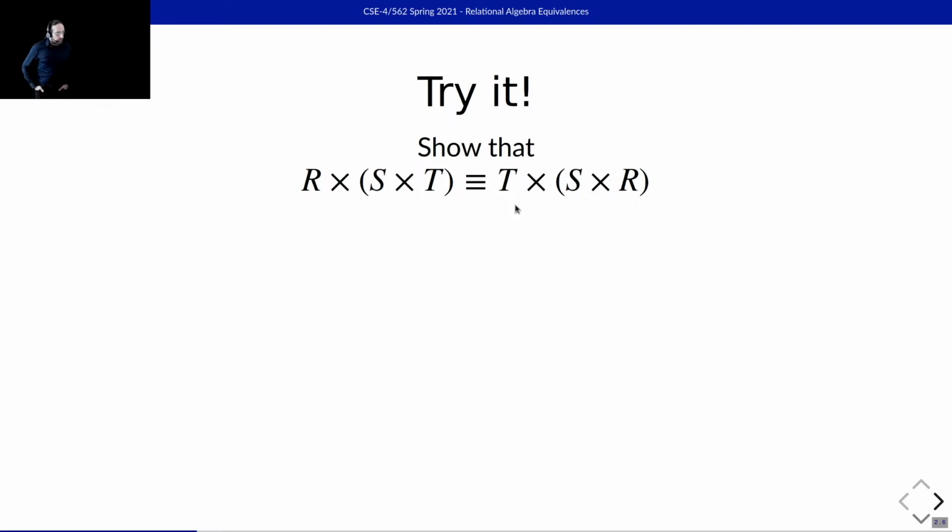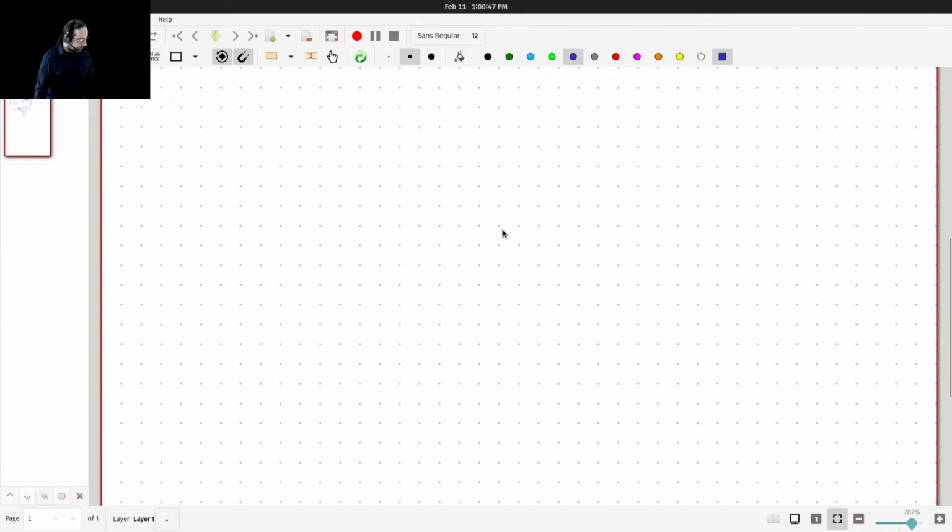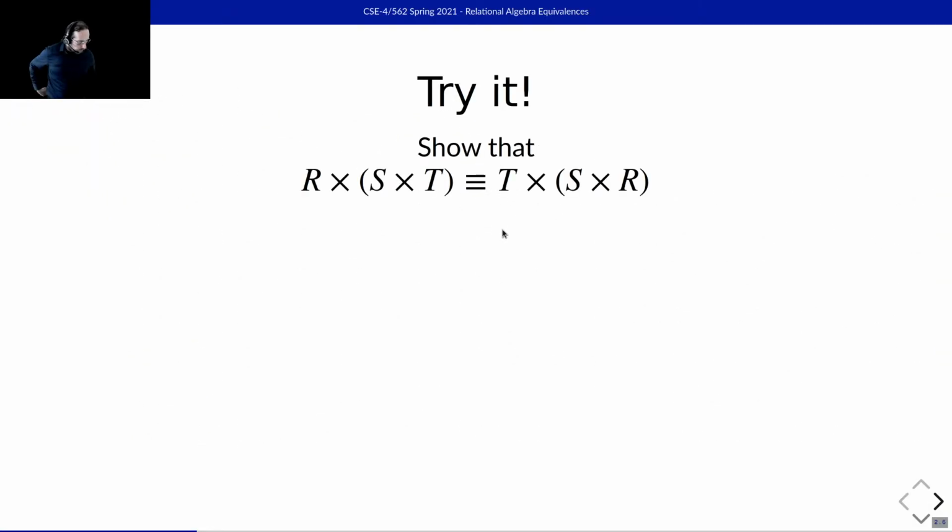Okay, so we have a bunch of rules that we've come up with here. Let's actually try to do something with them. So our goal here is to essentially show that these two expressions are the same.